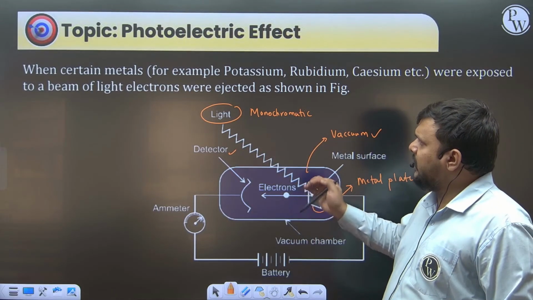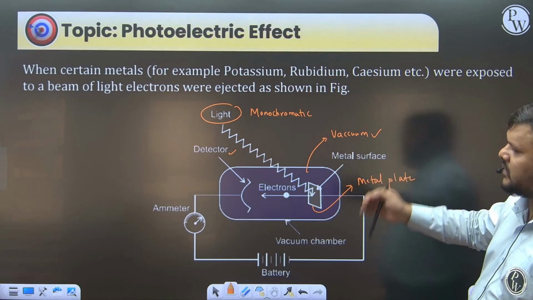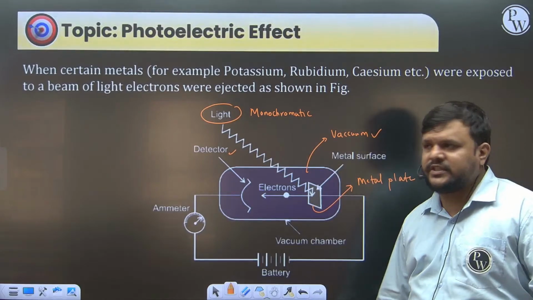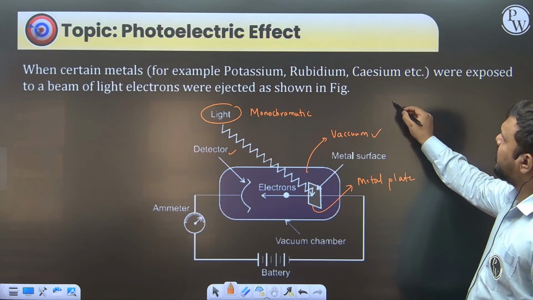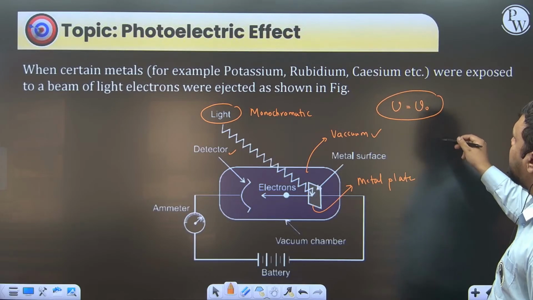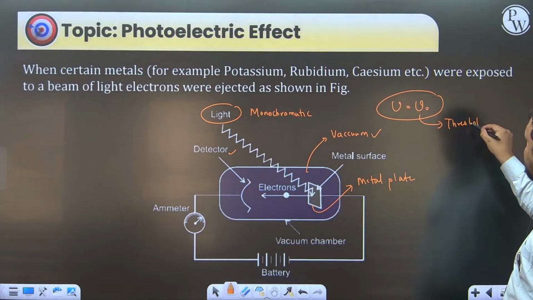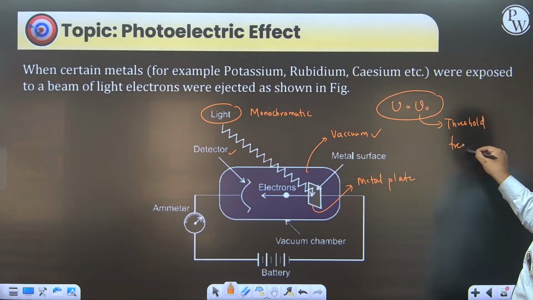But then what they did? They increased the frequency, meaning the energy of the photon which was incident, and at the time when the frequency became equal to a particular frequency which we call the threshold frequency, what happened?